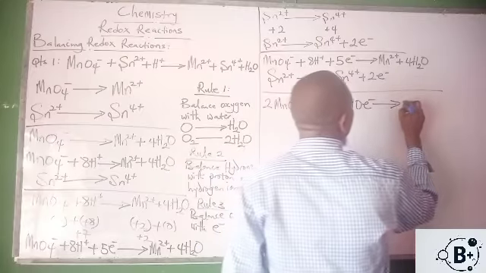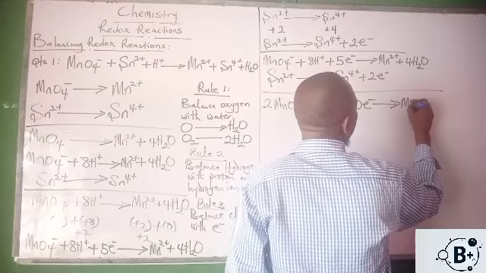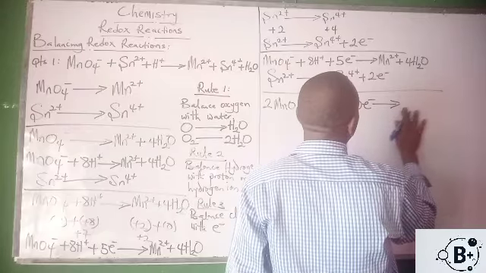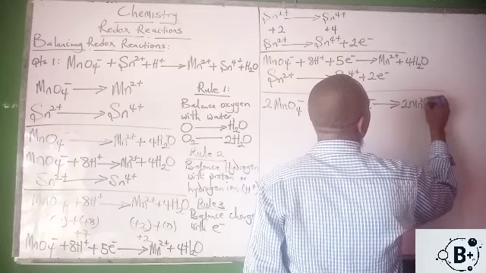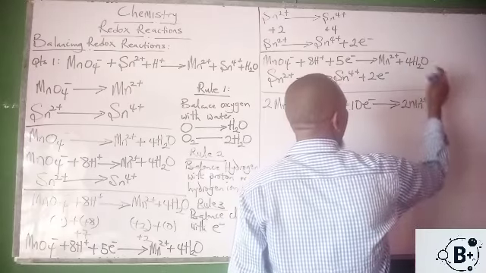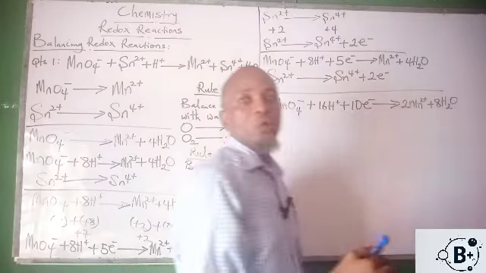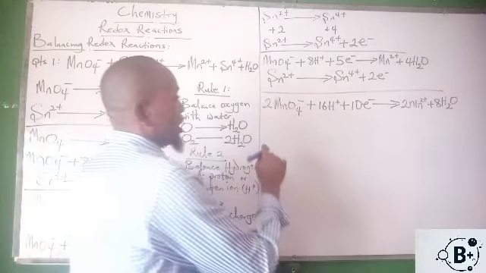Then we give us Mn2+. We multiply it by 2 again, so this becomes 2Mn2+, plus 2 times 4 becomes 8 molecules of water. So this is what we are going to do, that sorts it out.